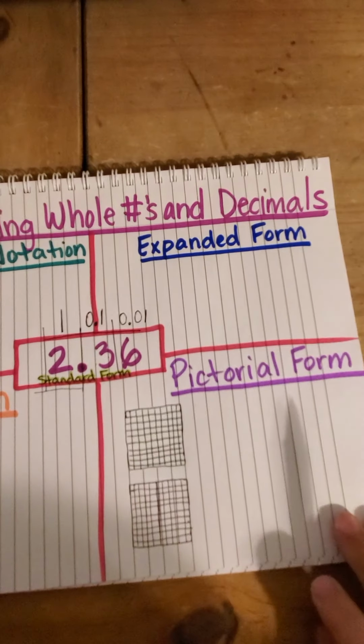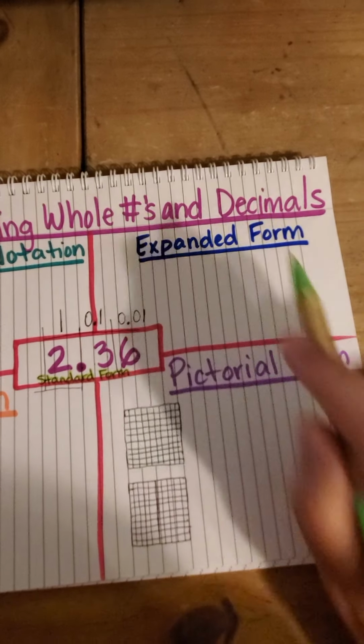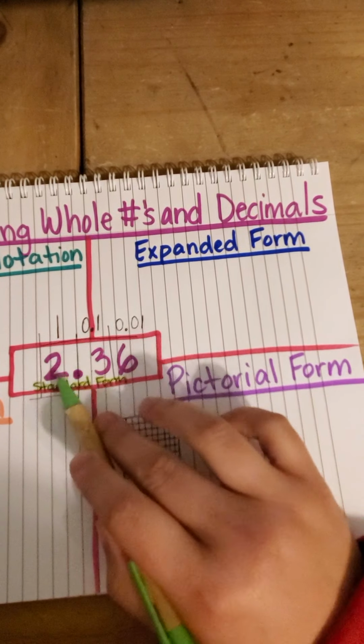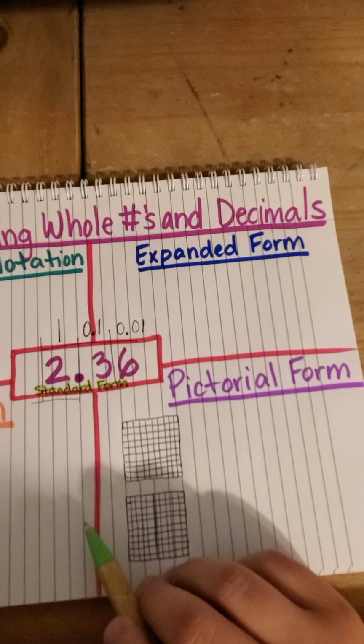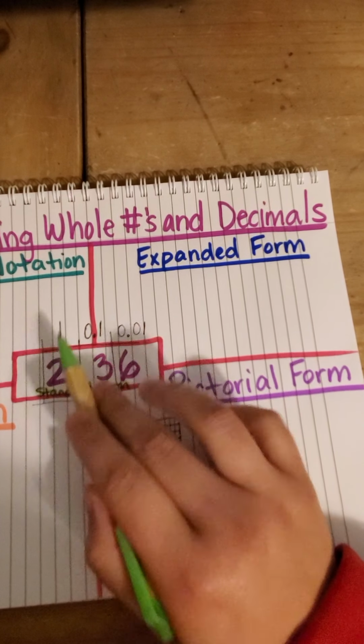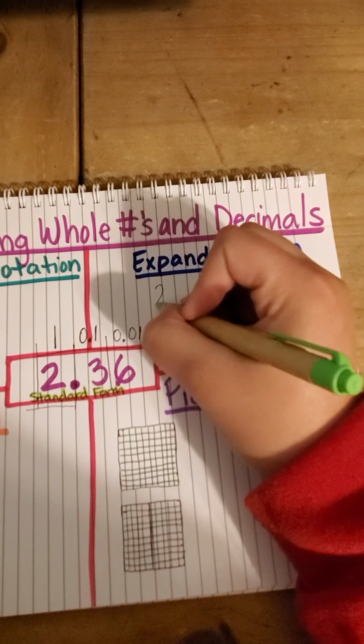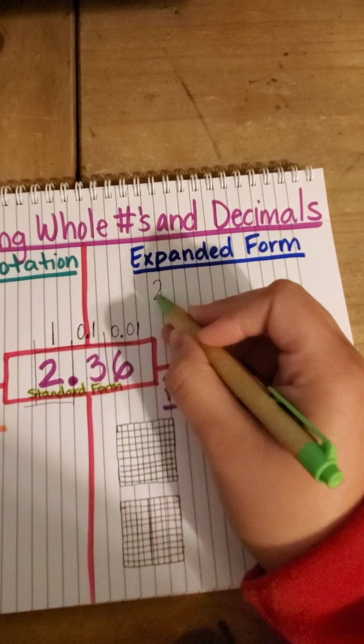So now that I labeled and I know where every place value goes, I'm going to get started with my expanded form. So remember, in expanded form, we bring out the value of each digit. So here I have a 2 in the ones place. So I'm going to bring out a 2, because if it's in the ones place, it just has a value of 2.